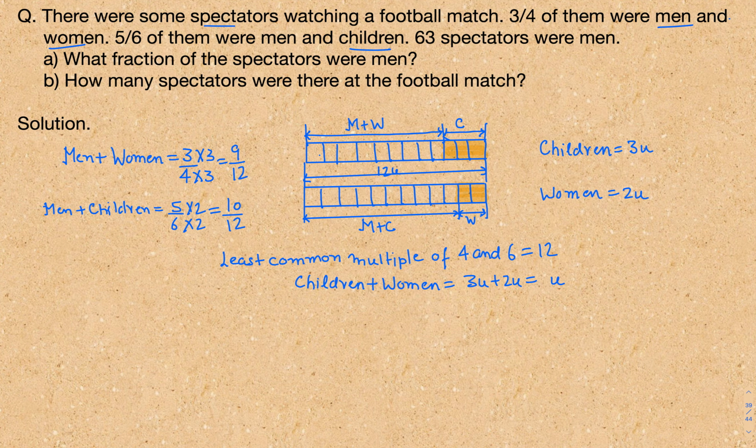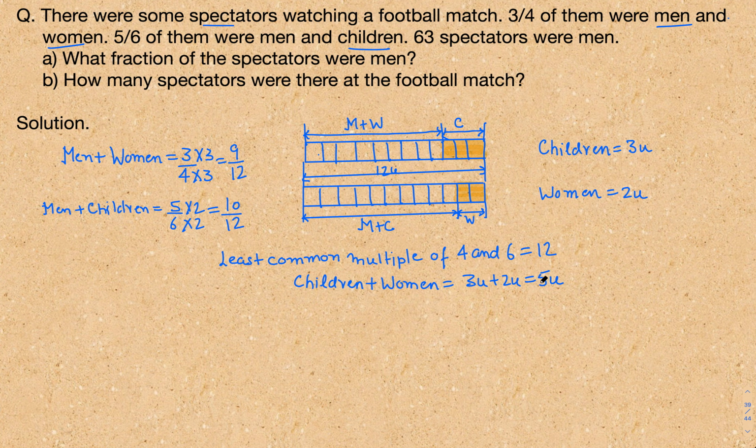And we know that the total units of spectators is how much? 12 units, right? So how many units of men are there? It will be 12 units minus 5 units, which is children plus women. So that will give you 7 units, right?